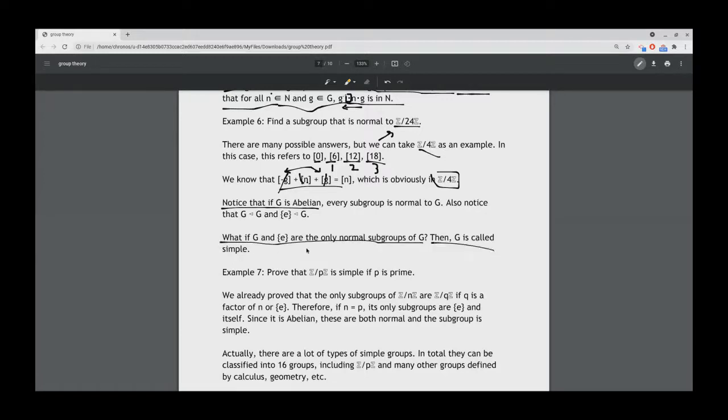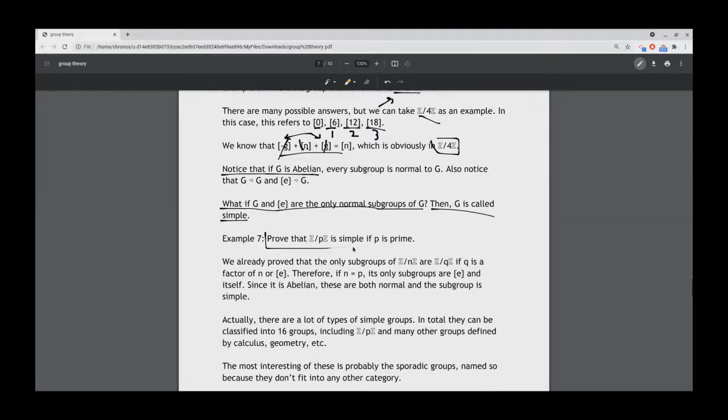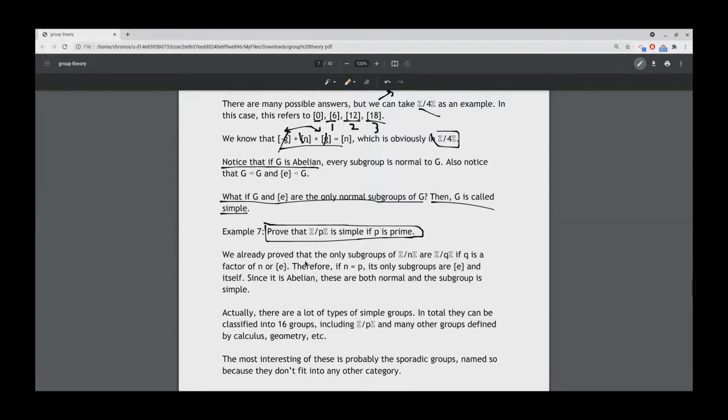Then G is called simple. So for example 7, I want to prove that Z over PZ is simple if P is a prime number. We've already proved that the only subgroups of Z over NZ are Z over QZ if Q is a factor of N. So E and G are pretty much the only subgroups, period, of G, as long as G is Z over PZ.